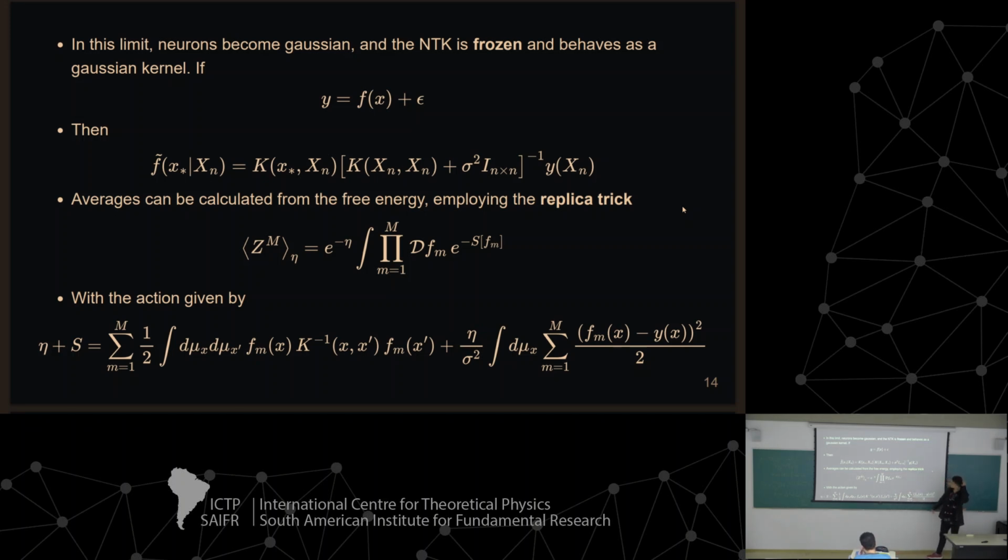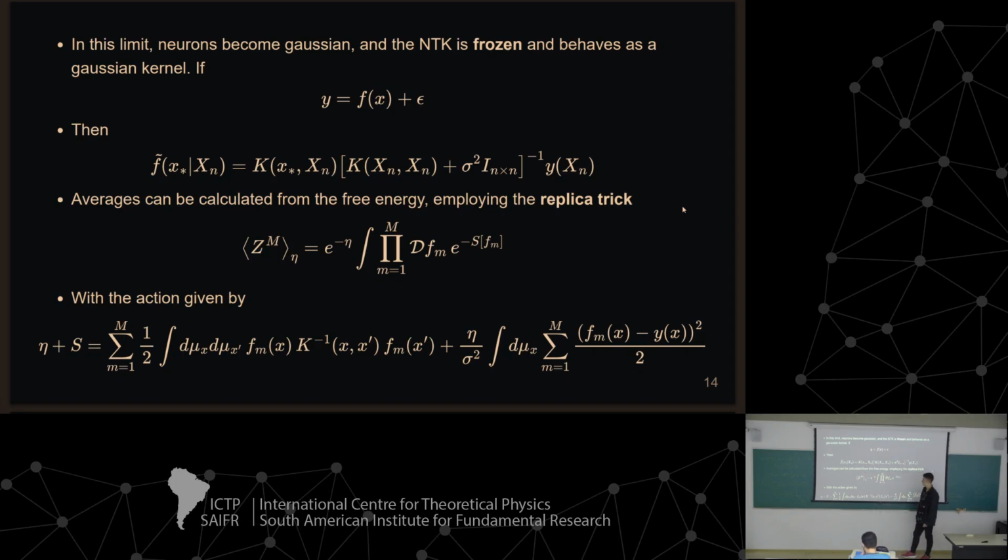And given this expression, we can create a lot of copies of the network and see how they behave collectively. This is called the replica theory. And for it, we can calculate a partition function based on this equation.